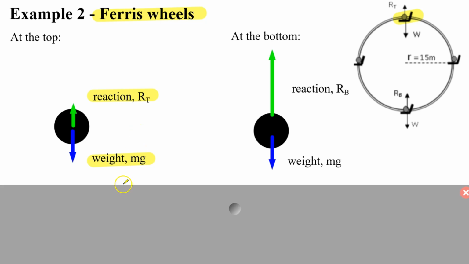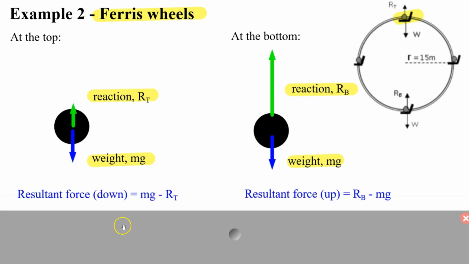However, at the bottom, while the weight always acts downwards, the reaction force is still acting upwards. So at the bottom, this looks very similar to the object in a vertical circle where the tension was acting upwards. So this is one of the challenges, and why you need to be really confident with lots of different examples: there are some similarities, some differences, and very often students get extremely confused with what the forces are and in which direction they're acting.